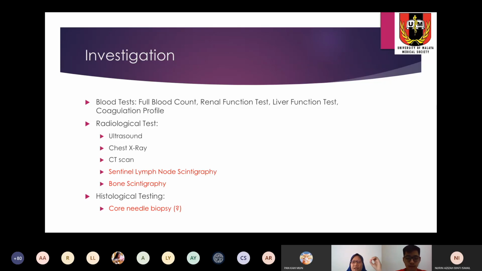But in the Malaysian screening guideline, it's supposed to start at 50. So if you have a patient at the age of 40 who came to you without symptoms and says, I want to do a mammogram, you can do the mammogram.